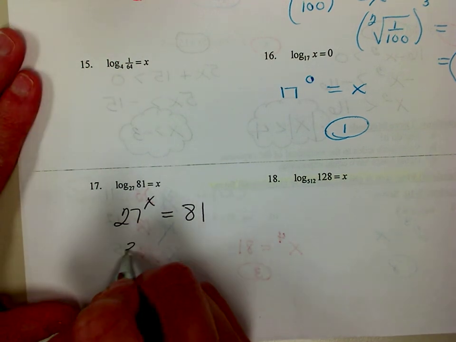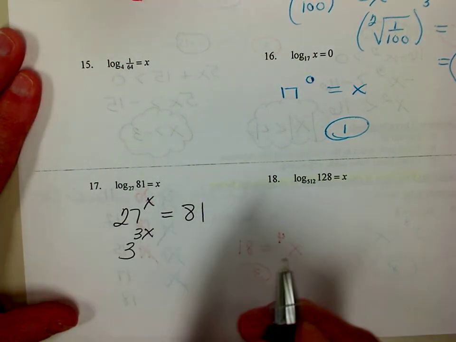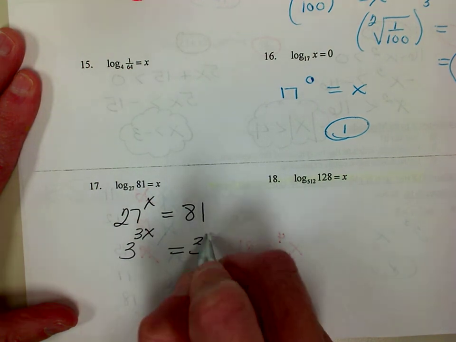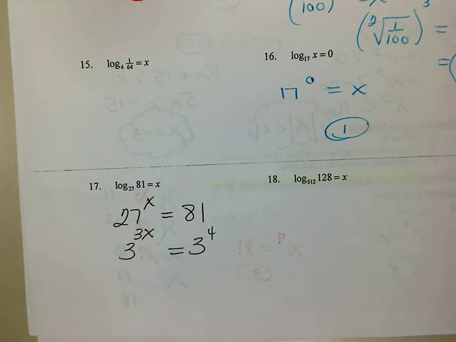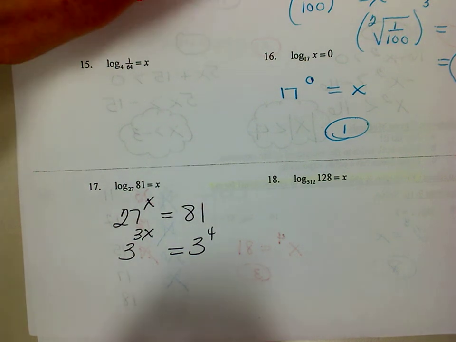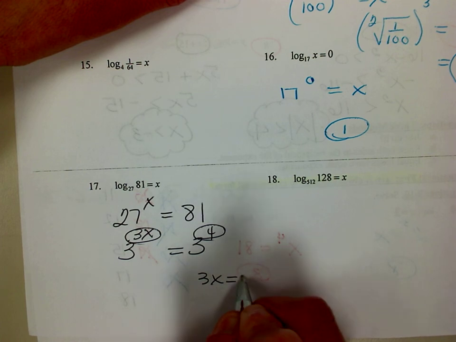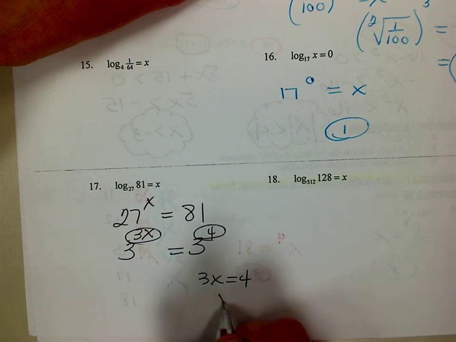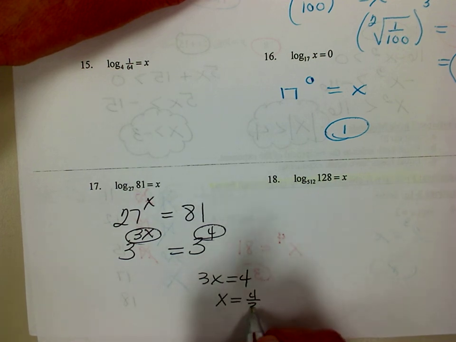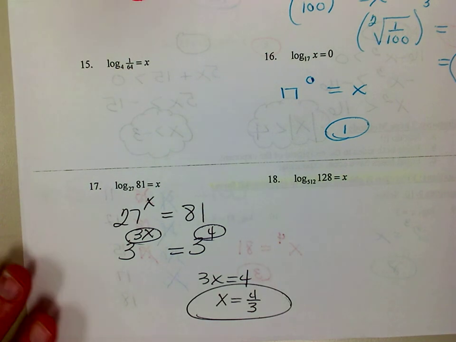So this is going to be 3 cubed, and then you have an x there, and this is 3 to the 4th. Now that the bases are the same, you can set your exponents equal to each other and solve for x. So x is going to be 4/3 on that one.